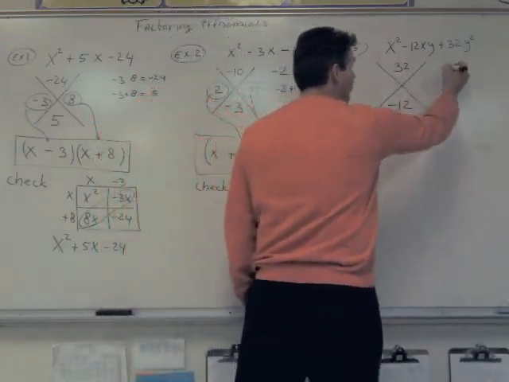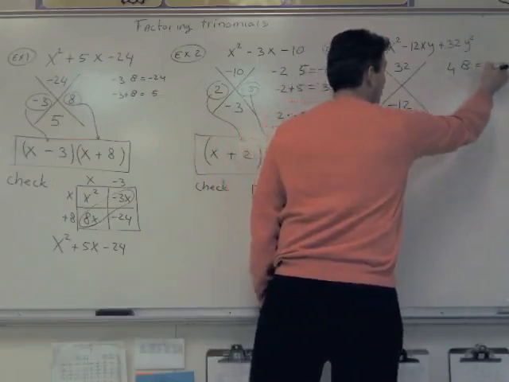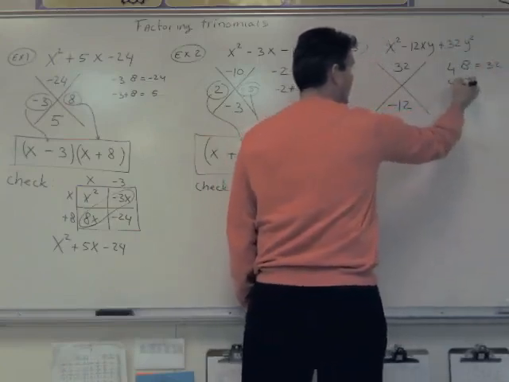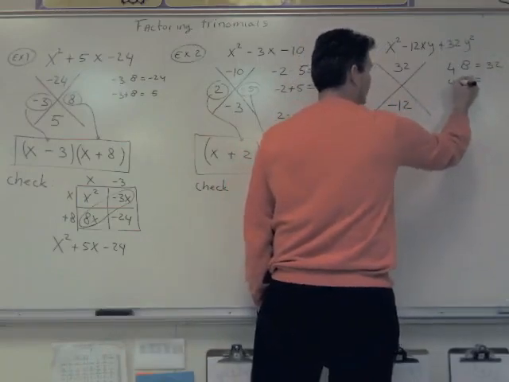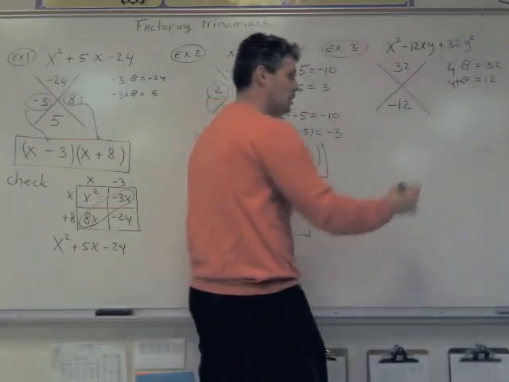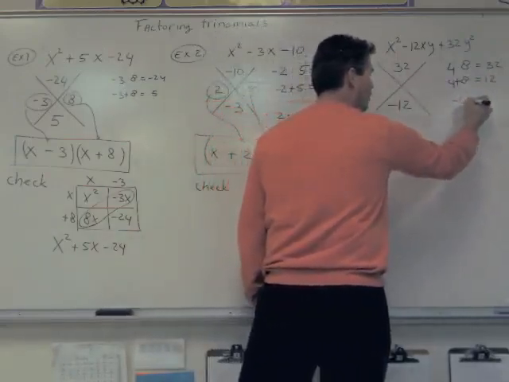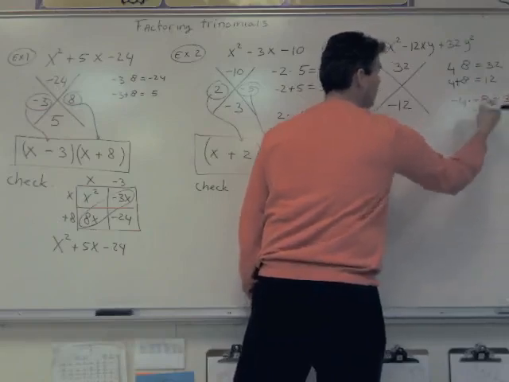If I do 4 times 8, that gives me 32. But 4 plus 8 gives me a sum of 12. So I'm close here. If I make both factors negative, then my answer is still positive 32.